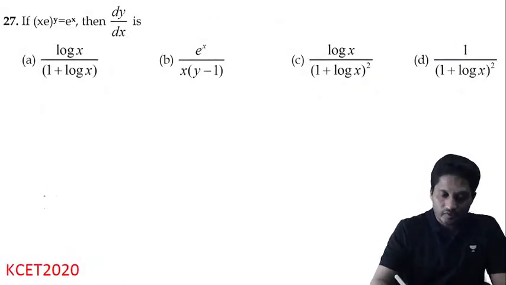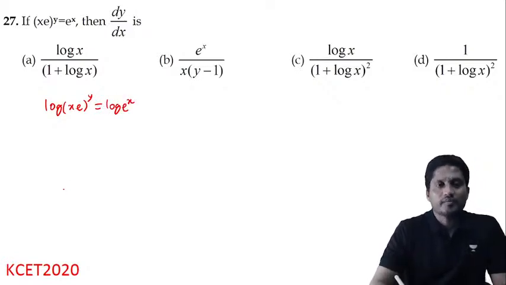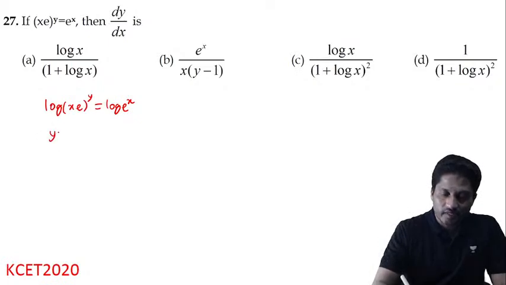Okay, if I take, suppose, log on both the sides, log of x into y whole power y is equal to log of e power x. Okay, log m power n is n log m, right? So you get y into log x into e is equal to x into log e.